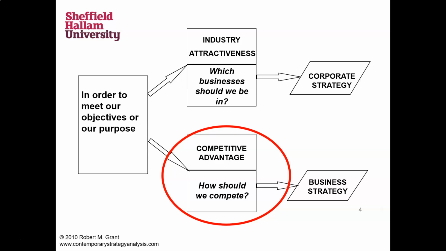You will at least need to consider for your organisation, what businesses should we be in? Should we stay where we are? Should we move into new areas of business? Should we get out of any current areas of business? So you will think about that, but as well, you are likely to think about how can we get better in order to compete in the businesses that we're currently in. And that's what we're going to focus on today.